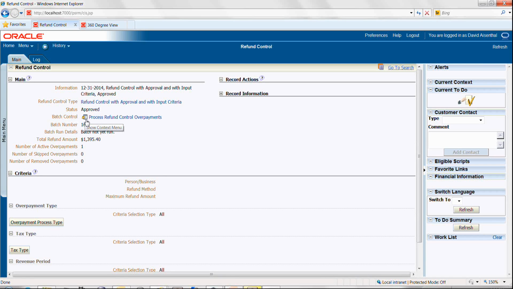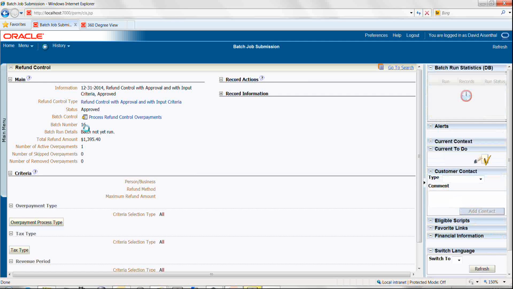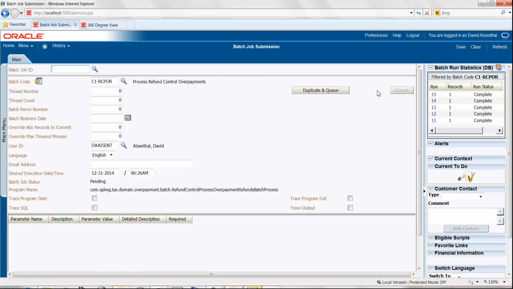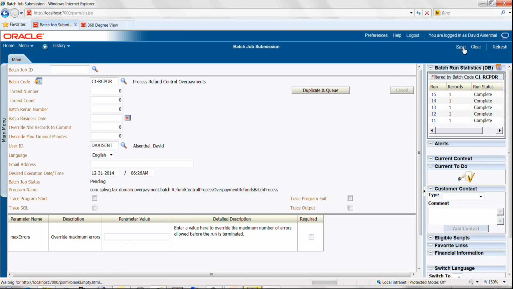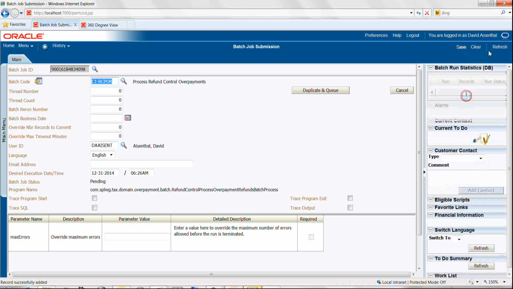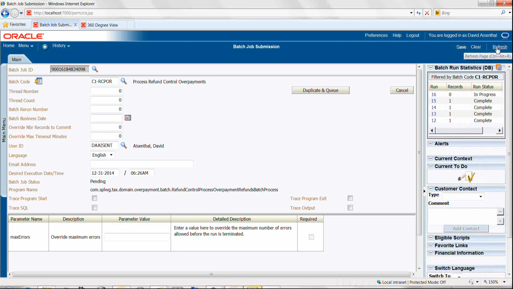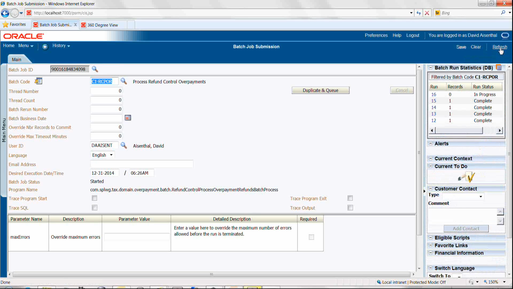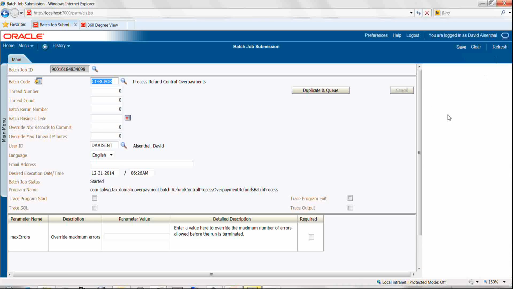Now in case of the check, that was the last step, but we'll see in this moment that for direct deposit, it's actually a little bit more complicated. So I save that. The batch has started, and it will take a few seconds to complete.